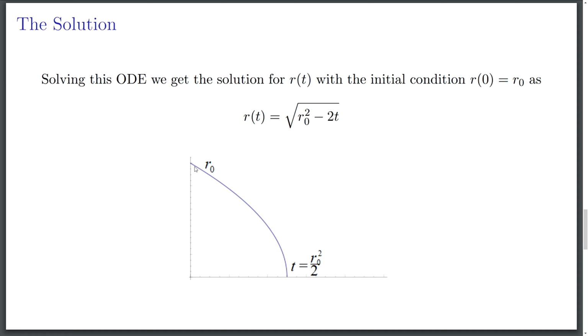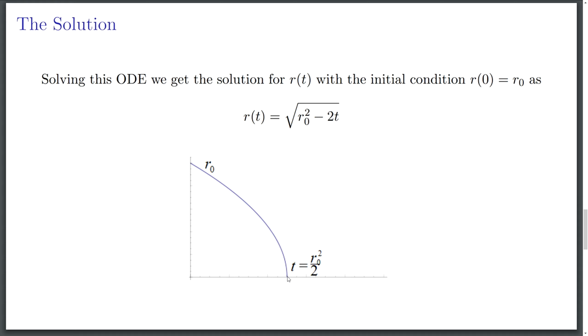So if we plot it out, we get something like this, where this is the initial radius here, and it goes down, down, and it actually starts to speed up the smaller it is, because this is like a parabola shifted on its side. Here it would be like a C shape, and here it would have like an infinite derivative because it's a vertical line.